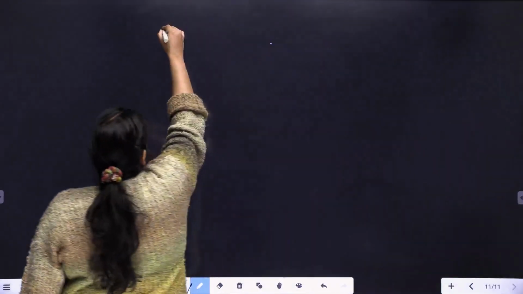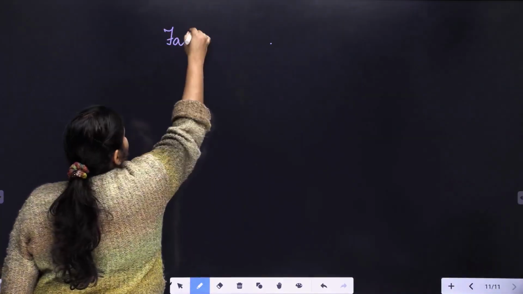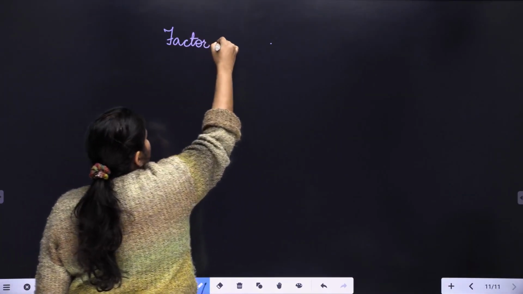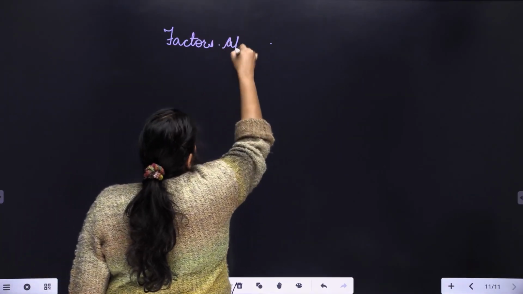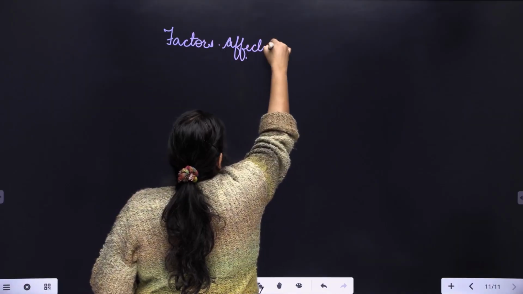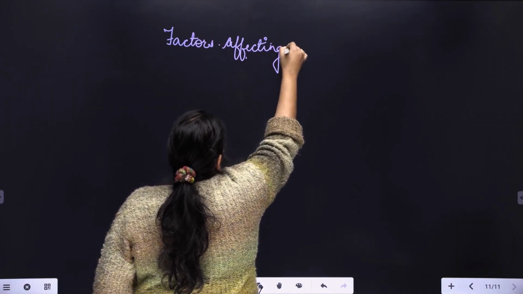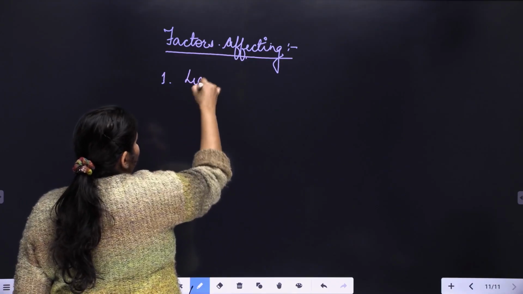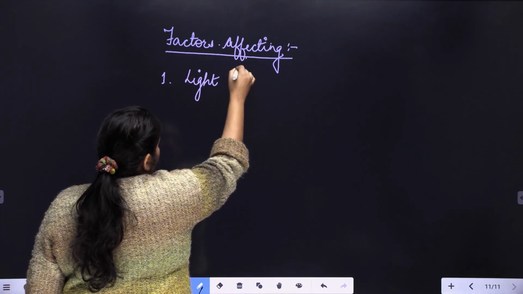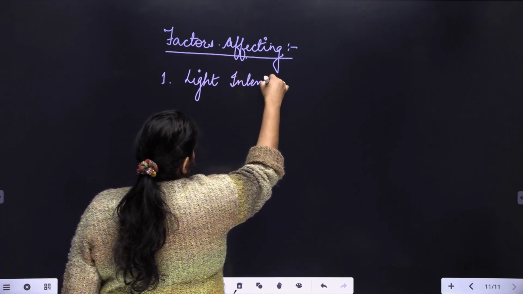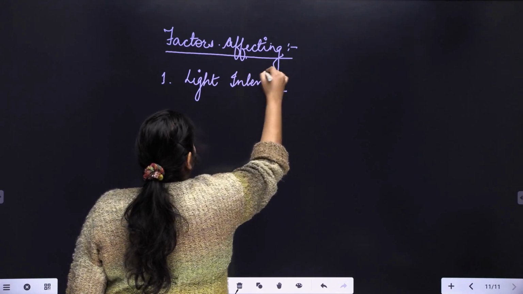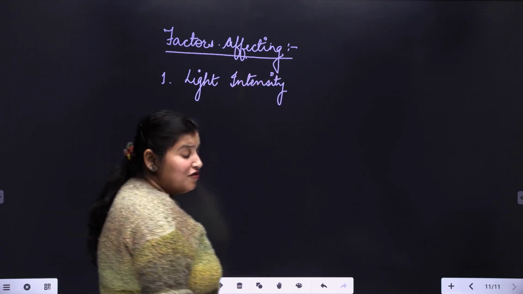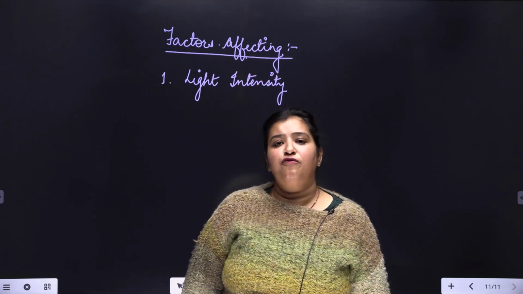So our next topic is the factors which affect the rate of photosynthesis. The first one is light intensity. The intensity of light definitely affects the rate of photosynthesis.